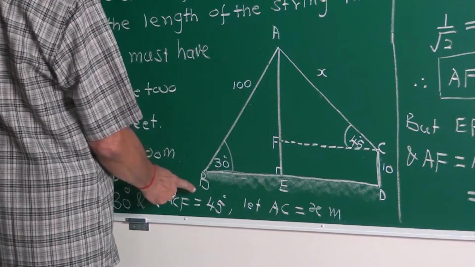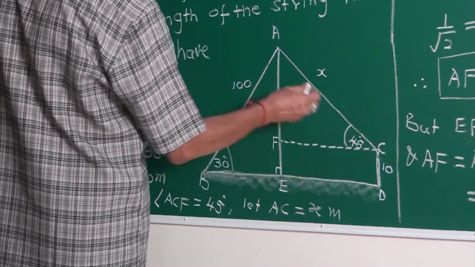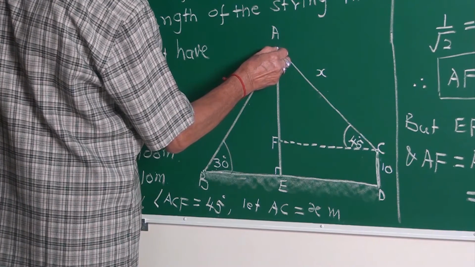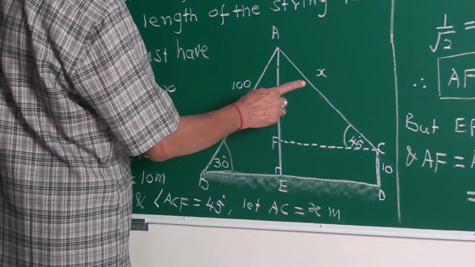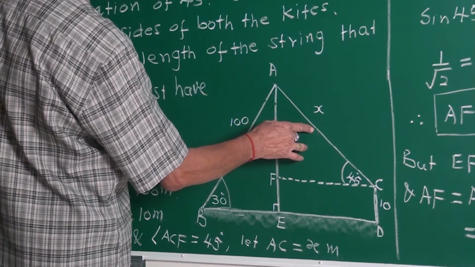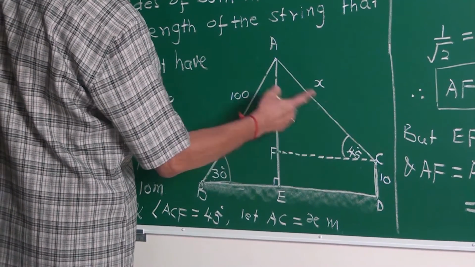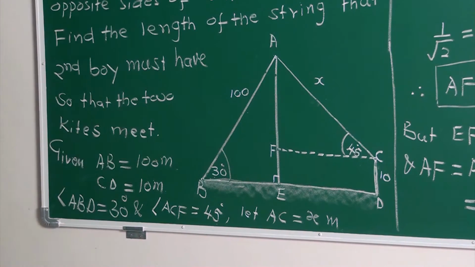This is the kite given by the first person B, and this is the kite given by the second person C. When they unite here, both the kites together, at that time you want to find the length of the second person's string.